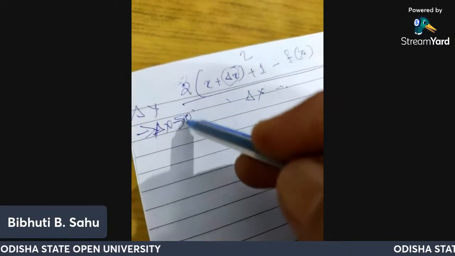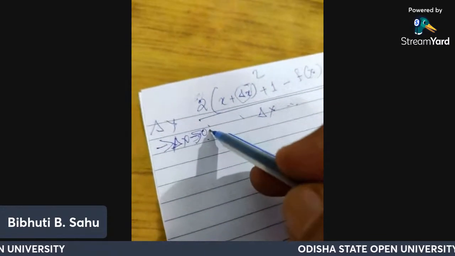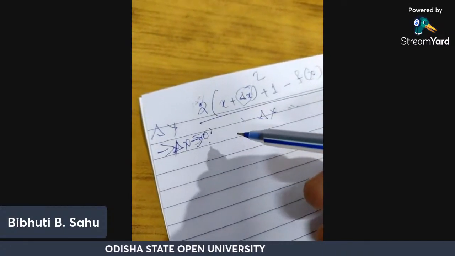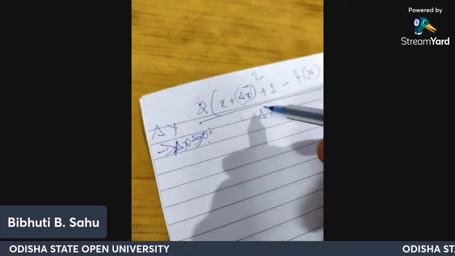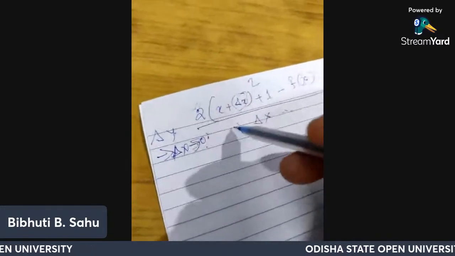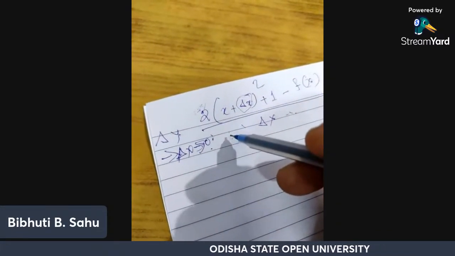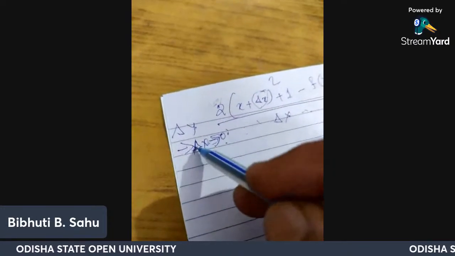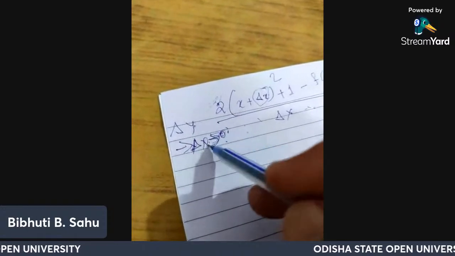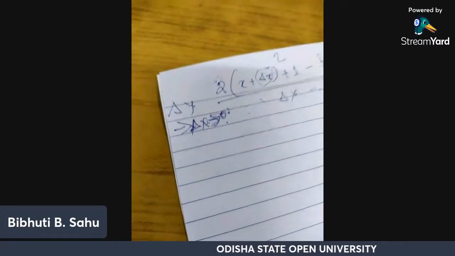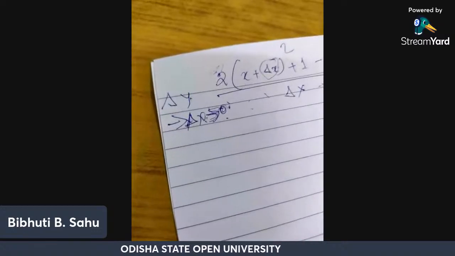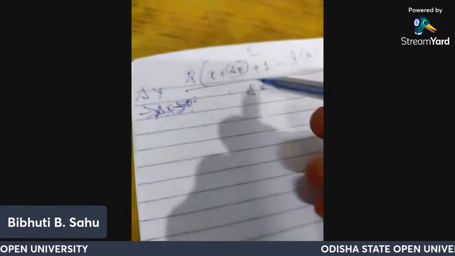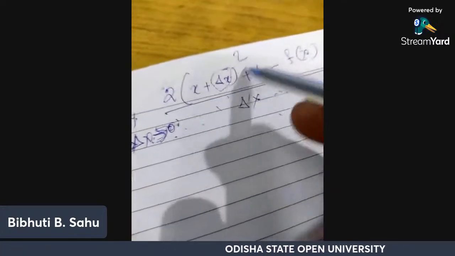As I have explained, tends to 0 means it is not exactly 0, but we can say it is equivalent to 0. For example, 0.01, 0.001. They are certain positive quantities, but very negligible. So when we say it tends to 0, it implies it is not exactly 0, but seems to be 0.